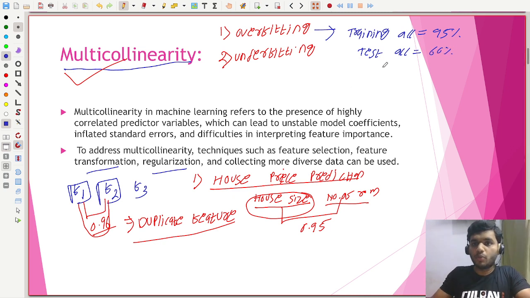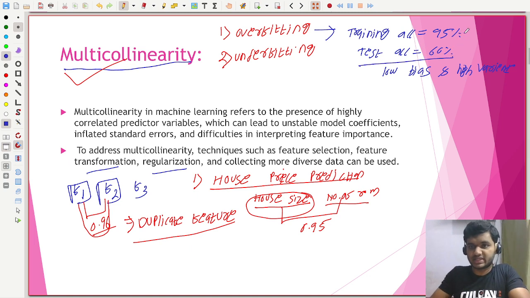So here it is low bias and high variance. In this case, overfitting occurs when training accuracy is maximum and testing accuracy is minimum. We'll discuss overfitting in detail in a later class because it is very important. So you have a basic idea: when training accuracy is maximum and testing accuracy is minimum, we call this overfitting.